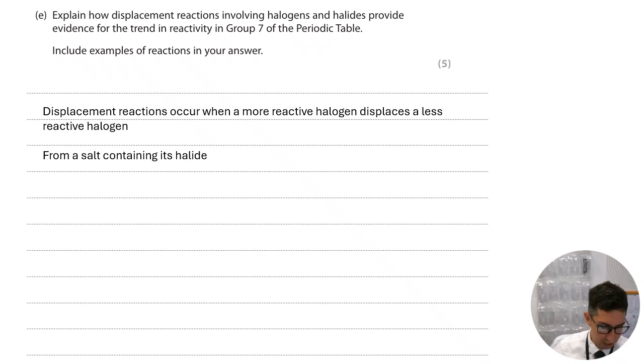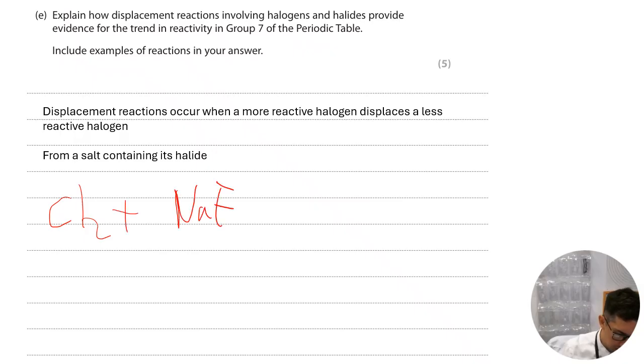So I've just checked the mark scheme, and I actually lost a mark here because I needed to say that if, say, there was chlorine reacting with sodium fluoride, this would not have a reaction because the fluorine is more reactive. So I would need to say that if the halogen is less reactive than the halogen in the salt, there will be no reaction.